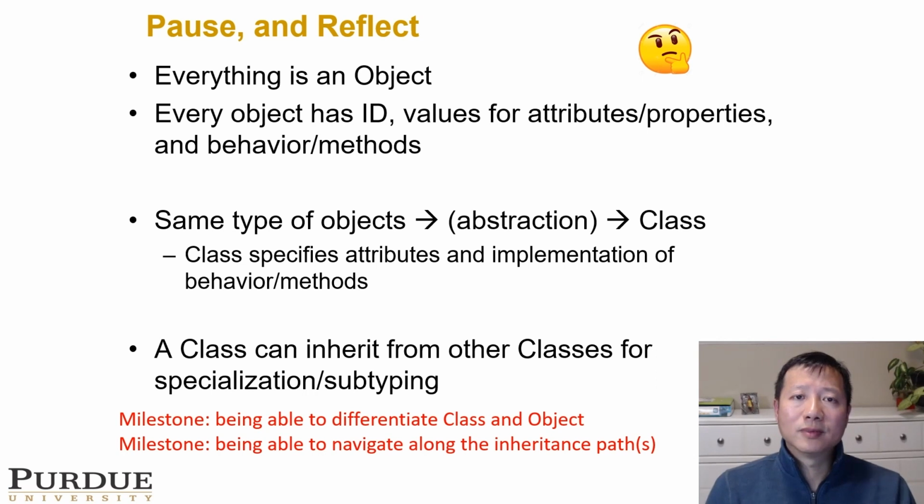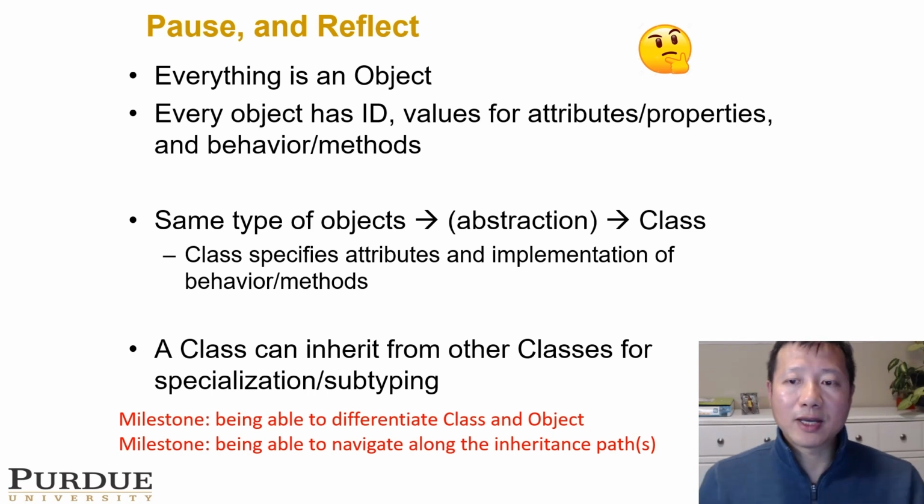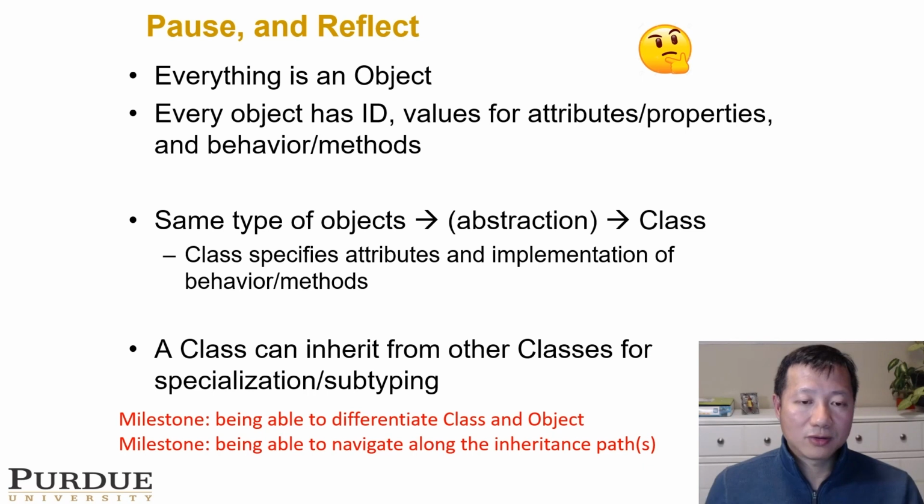So let's pause and reflect. Again, everything is an object, right? Every object has an ID, values for attributes, properties, and behavior methods. The same type of objects, we organize them together, go through a process called abstraction, and this abstraction leads to a class. A class specifies attributes and implementation of behavior and methods.